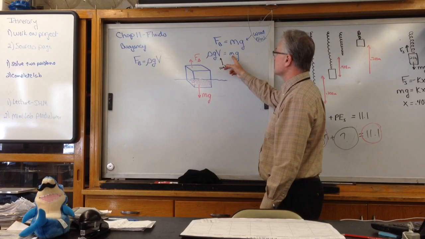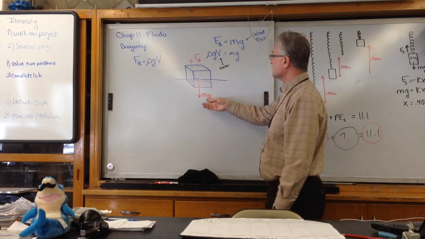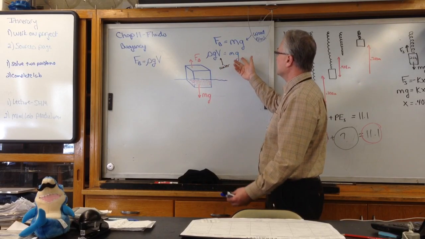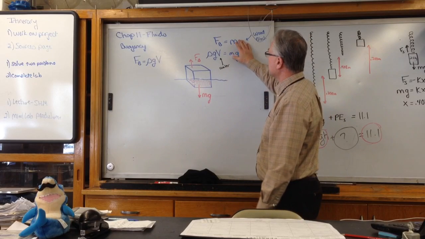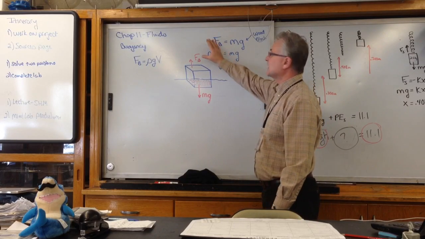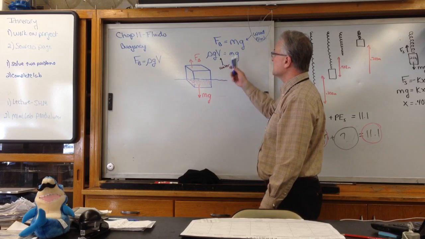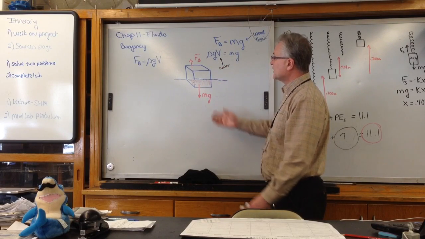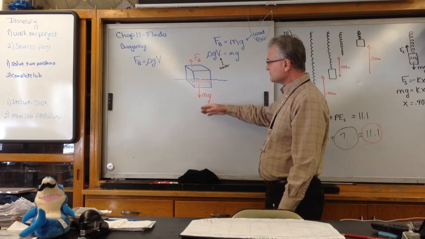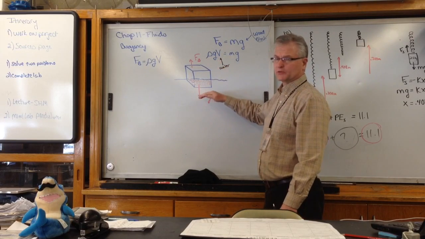On this side, that's the mass of the block itself, and then times g. So on this side, it's about the block. On this side, it's about the water pushed out of the way by the block. And then these two things have to be equal to each other, otherwise the block would rise or the block would sink.